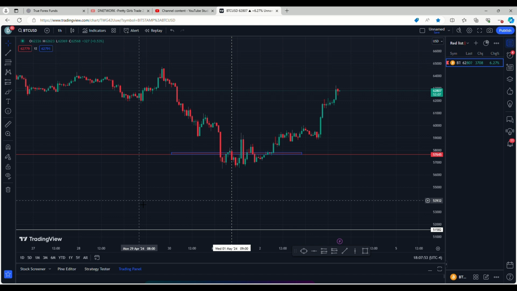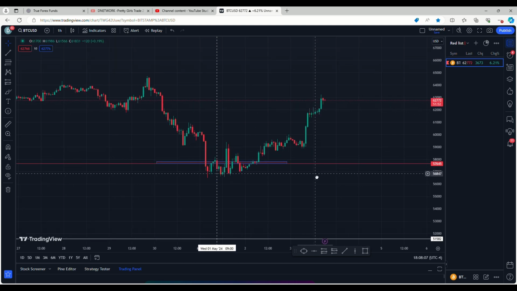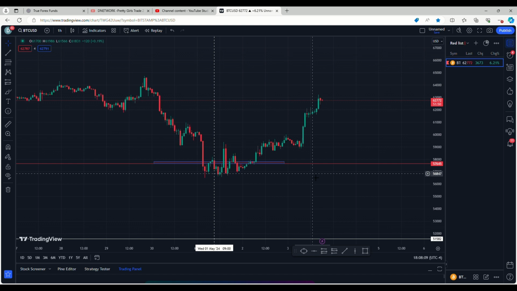Now, I have spoken maybe once or twice about setting buy limits and sell limits, okay? A buy limit is when you go into your trading account, and you say, hey, I see price selling here.